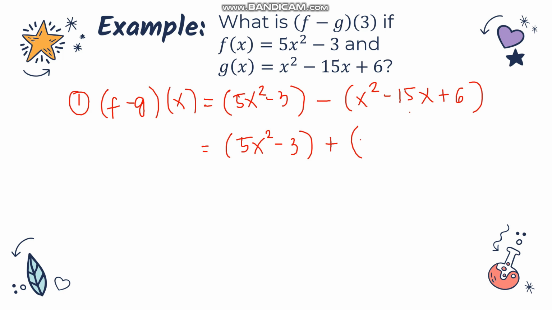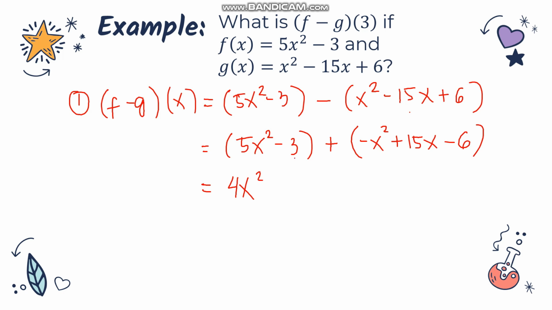So x squared will become negative x squared. Negative 15x will become positive 15x. Positive 6 will become negative 6. Then after that, proceed to addition. So we can add 5x squared and negative x squared. That will give us 4x squared.